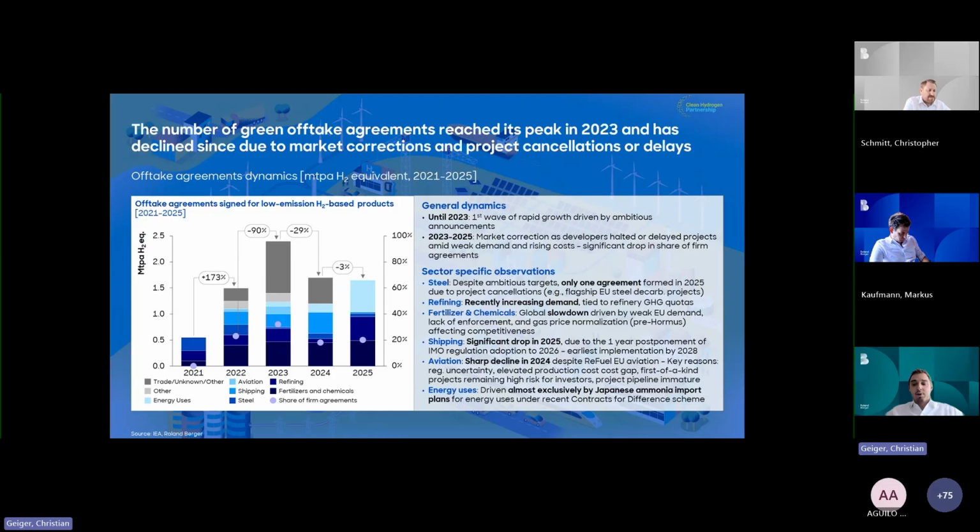This is explained by the fact that in 22 we saw the first large projects reaching FID, which obviously also requires firm offtakes to be in place. Over the last few years, we saw this share to be fairly level, around 20 to 25% over the years.